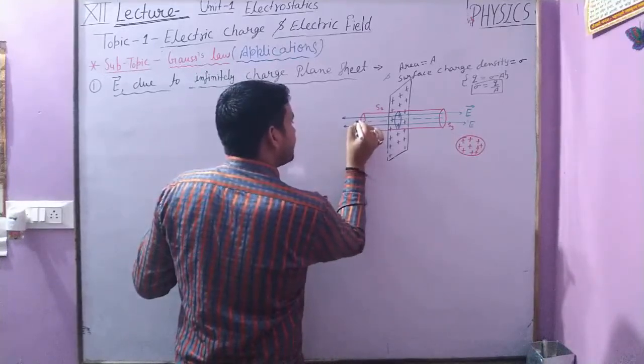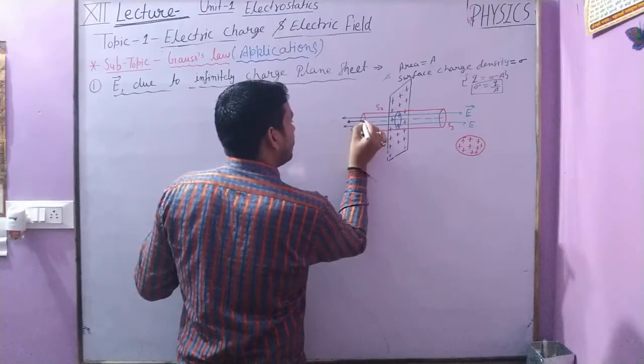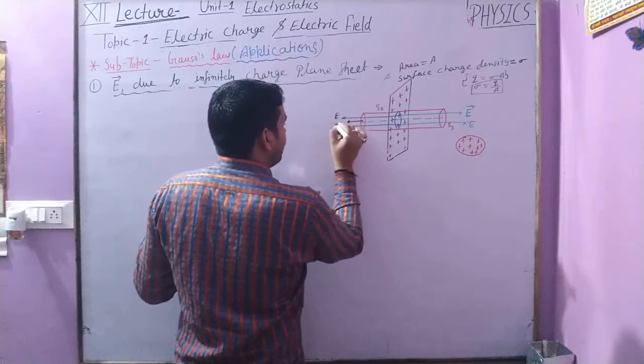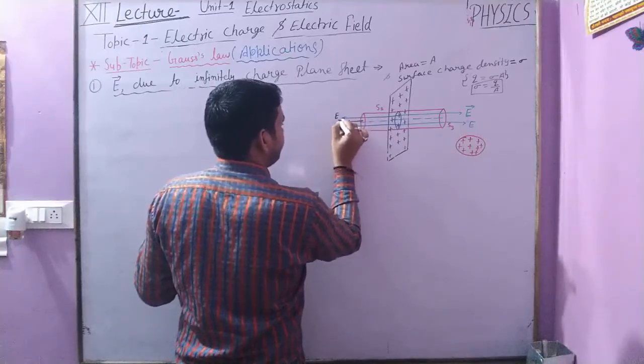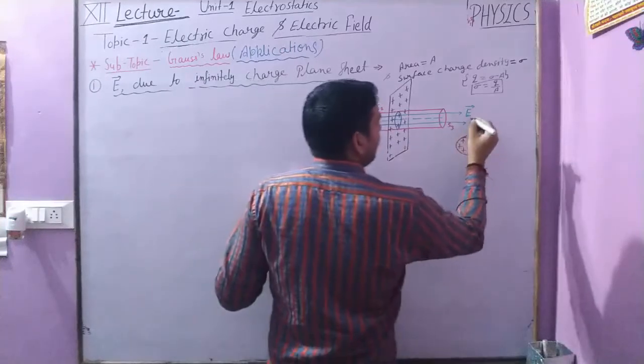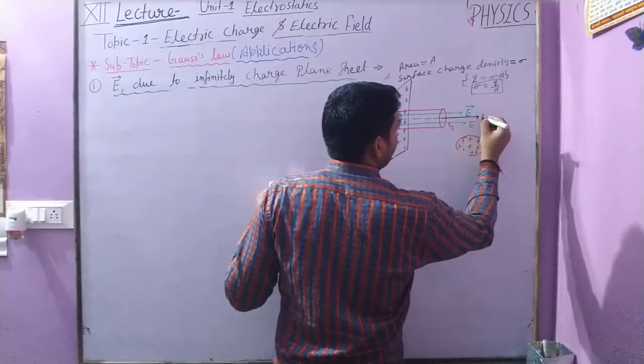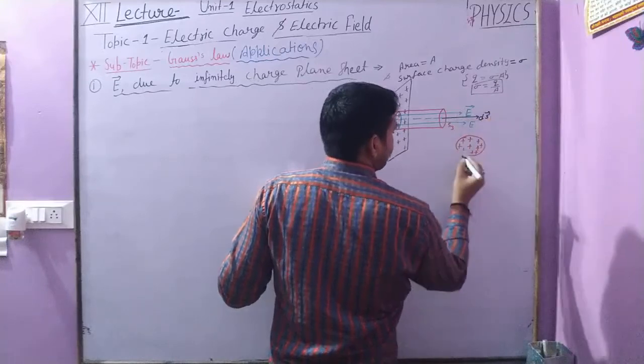Now the area vector for this surface S1 is also in the same direction. Area vector is also in the same direction, that is dS.